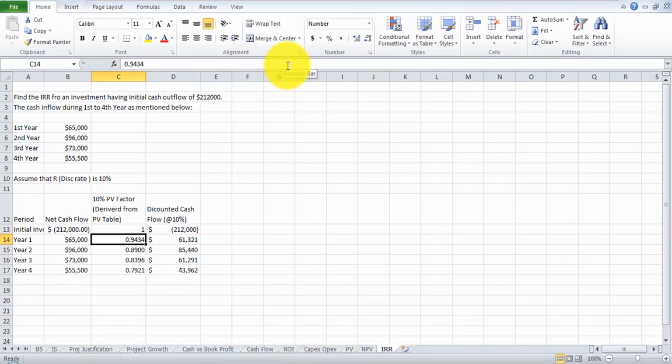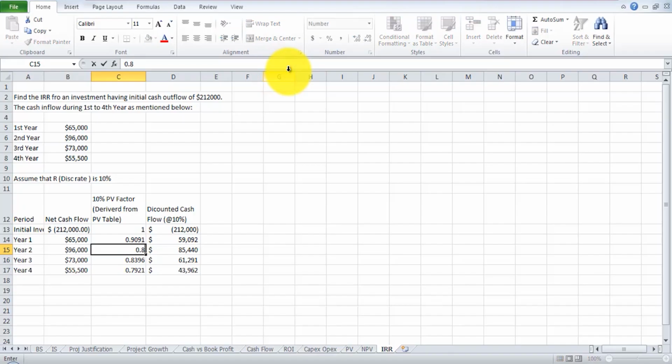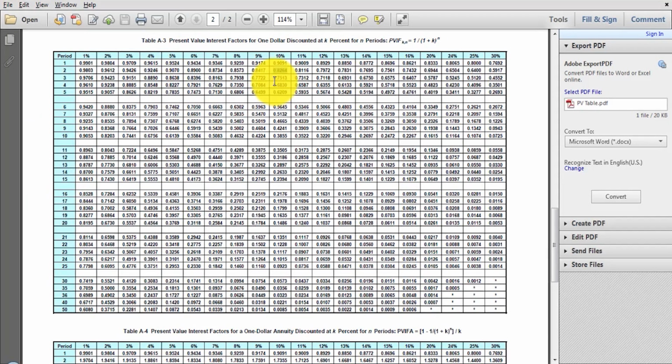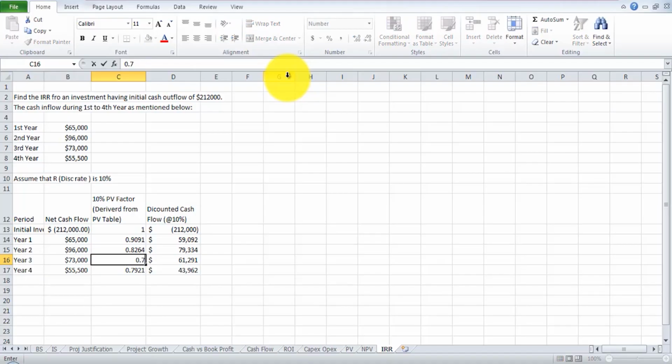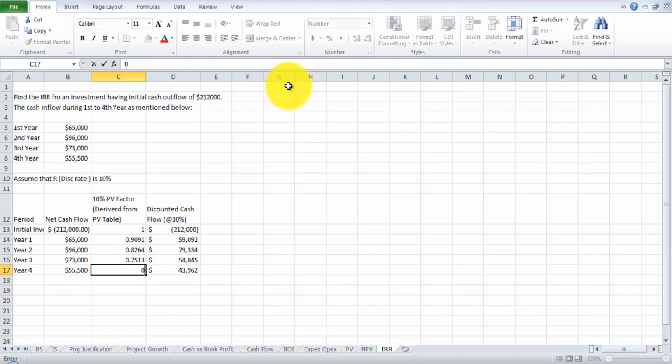For the second year, it's 0.8264. Third year, it's 0.7513. For the last year, the fourth year, it's 0.6830, right?